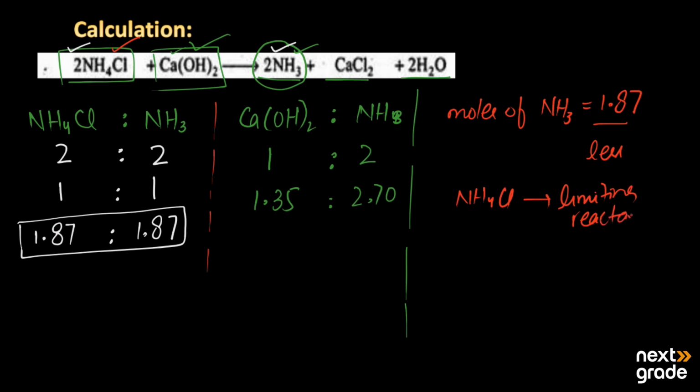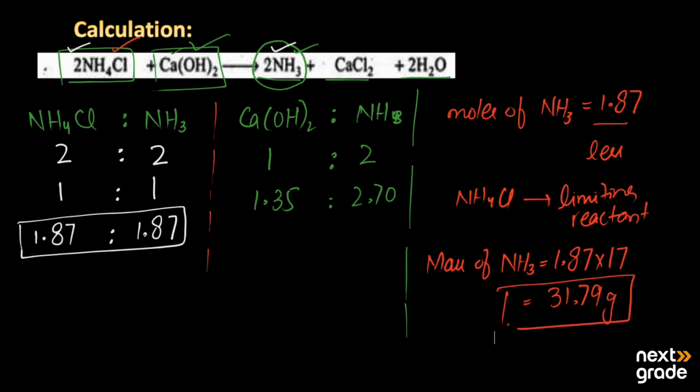Now why is it the limiting reactant? The main reason is that it produces the lesser amount. So we will find the mass of ammonia produced: its moles, 1.87, multiplied by its molar mass, 17. So the answer we have is 31.79 grams of ammonia will be produced from 100 grams of each of the reactants.